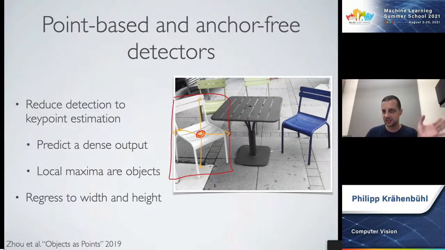This is a trick that has been used in keypoint estimation. So you can reduce this object detection, this sparse task, to a dense regression task where you only count outputs that are local maxima. If an output is larger than its 4 neighbors, then it's produced, and otherwise it does not produce an output. And then you just regress the width and height.